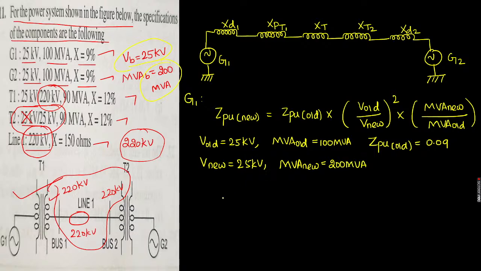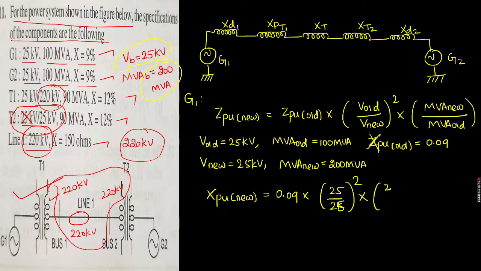Now let us substitute all the values in order to obtain the per unit reactance. In our case we are going to talk about X per unit only. X per unit new is 0.09 into (V old and V new, both are same, 25 kV by 25 kV) whole square, so it gets cancelled, into MVA new which is 200 and MVA old which is 100.